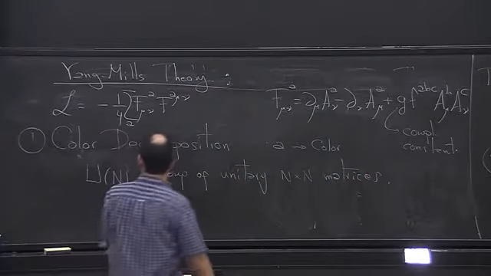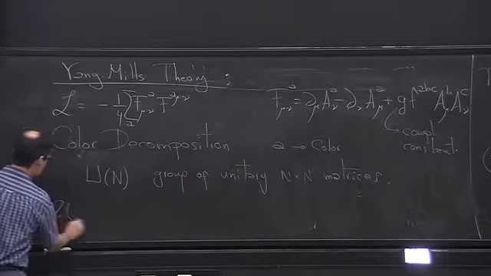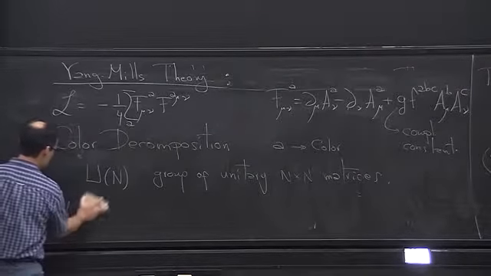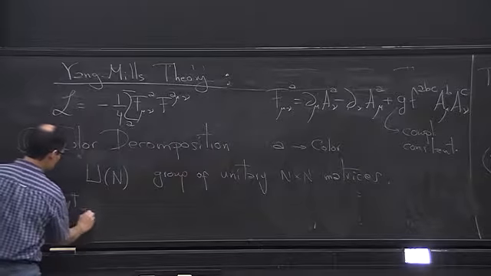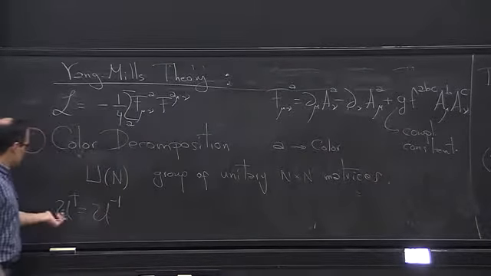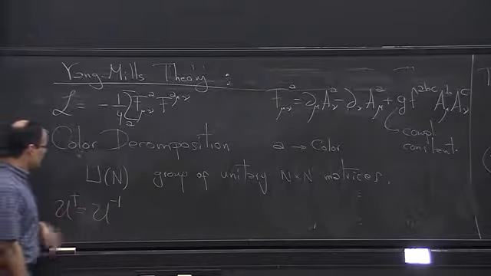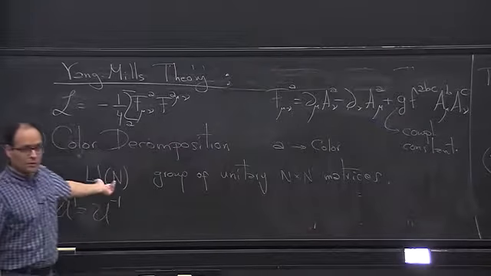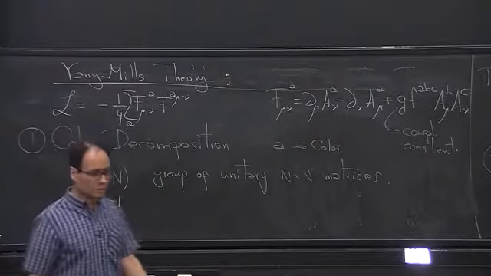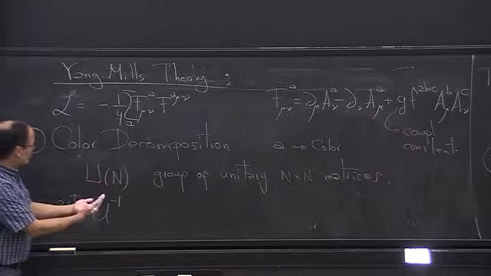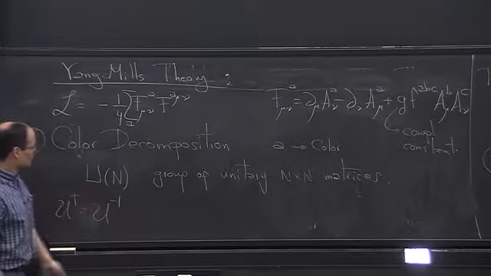Well, take any two unitary N by N matrices. Let me remind you what unitarity means here: the inverse of the matrix coincides with its dagger. So if you multiply any two elements of this group, you get another unitary matrix. So just matrix multiplication gives you a group structure for this object.